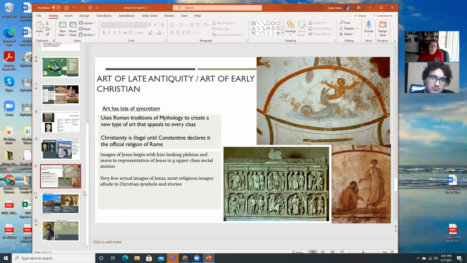And sometimes I'll have a Christian student get a little offended by this. But the bottom line is they don't have enough history at that point to create art that is distinctly Christian. And so they use the mythological symbols as a way to talk about the new religion.